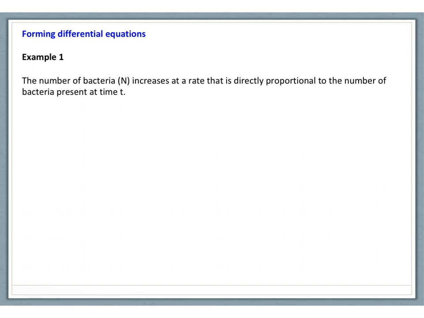So, example 1. The number of bacteria increases at a rate that is directly proportional to the number of bacteria present. So, the number of bacteria increases. This tells us we're talking about a derivative. Rate tells us we're looking at time, so we're talking about dN by dt.